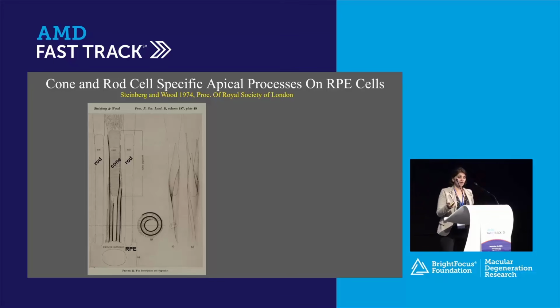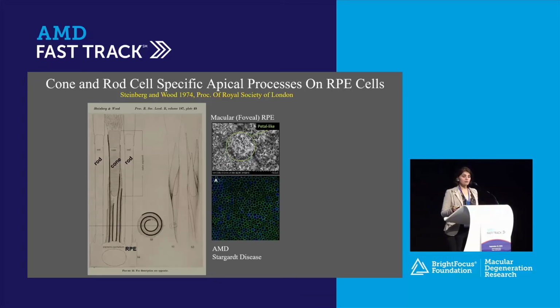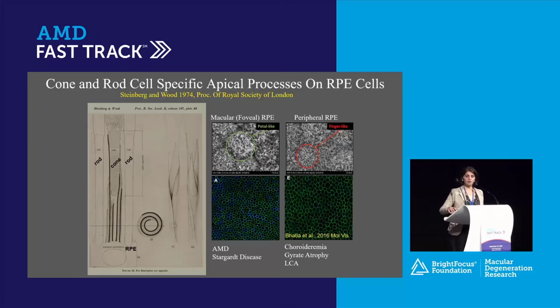This all started for us with the following observations. We know that there are specific photoreceptors in the human retina, the cones and the rods, and they have different structures. We also know that in 2016, a paper published by Bhatia et al. showed that if you image an RPE flat mount from specific areas, these cells differ in their size. The macular cells have a smaller area, and the peripheral cells have a bigger area.